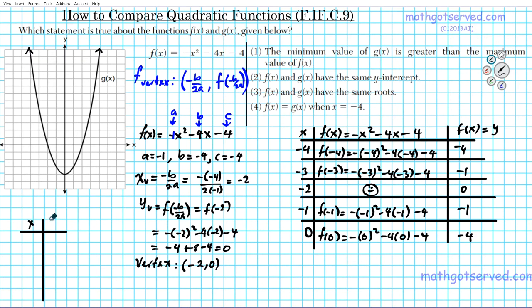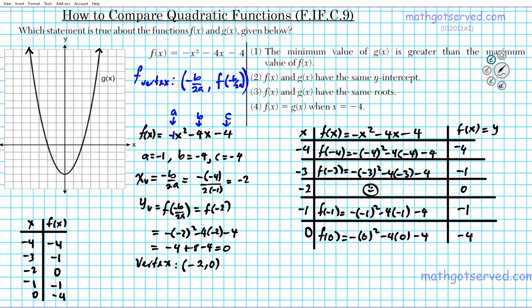All right, so x and f of x. We have negative 4, negative 3, negative 2, negative 1, 0. Just putting it together so it's organized. So we have negative 4 goes to negative 4, negative 3 to negative 1, negative 2 to 0, negative 1 to negative 1, 0 to negative 4.